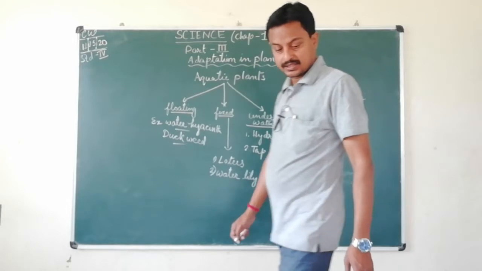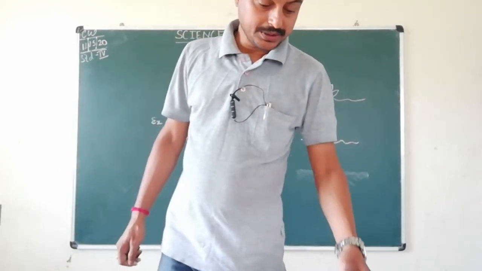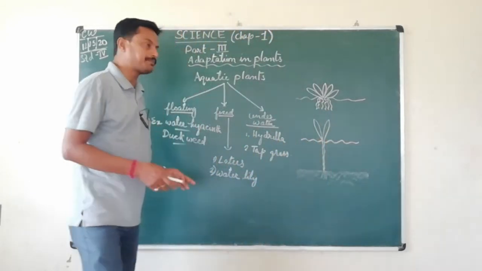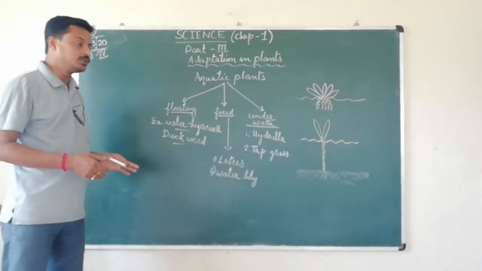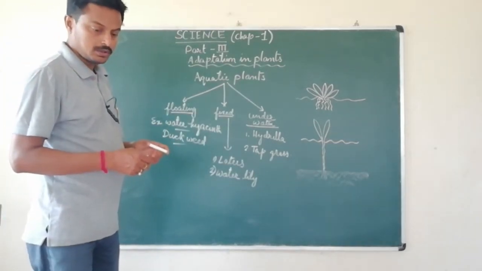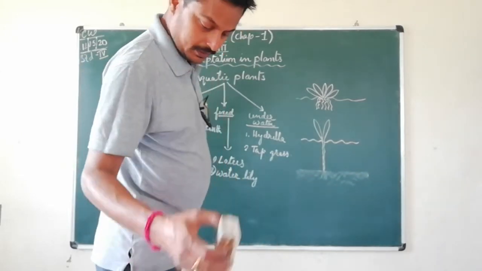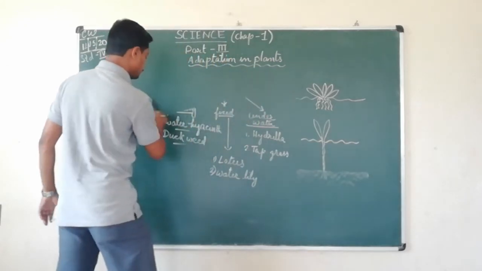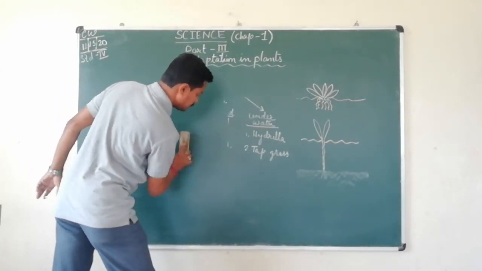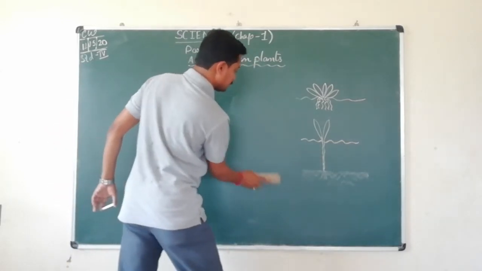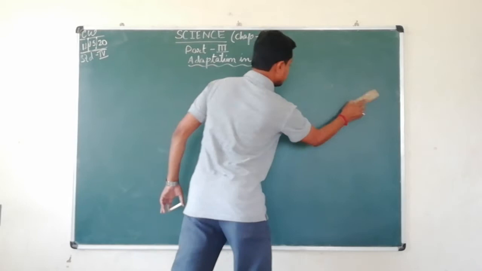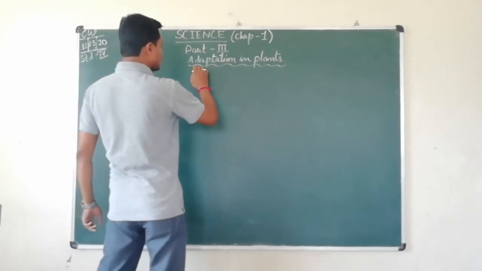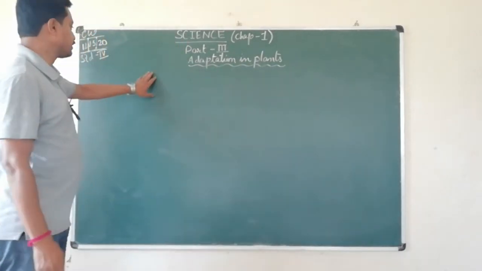After this, we will see some other types of plants which are also under adaptation in plants, and they have adapted in such a way which is totally unique and totally new. Let me rub the blackboard. Now once again, under adaptation, we have seen the plants that grow in terrestrial areas.